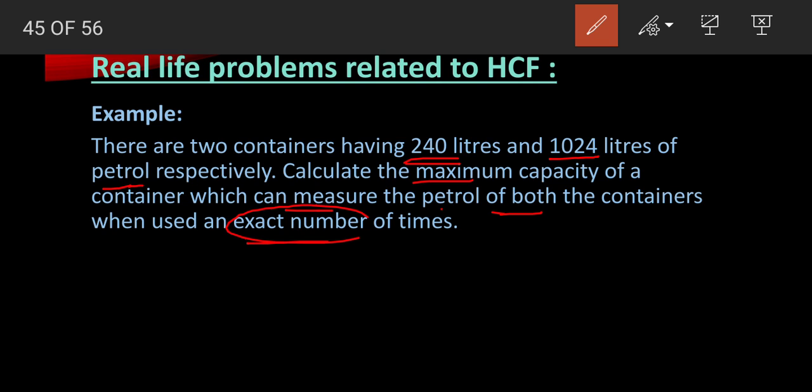This word exact number means we will use factors, exact divisors. And to find the HCF there are some keywords like maximum, highest, largest, greatest. These are the keywords in a word problem. If these words are present in the word problem, you have to find the HCF in that question. So here is the word maximum, so you have to find the HCF here.